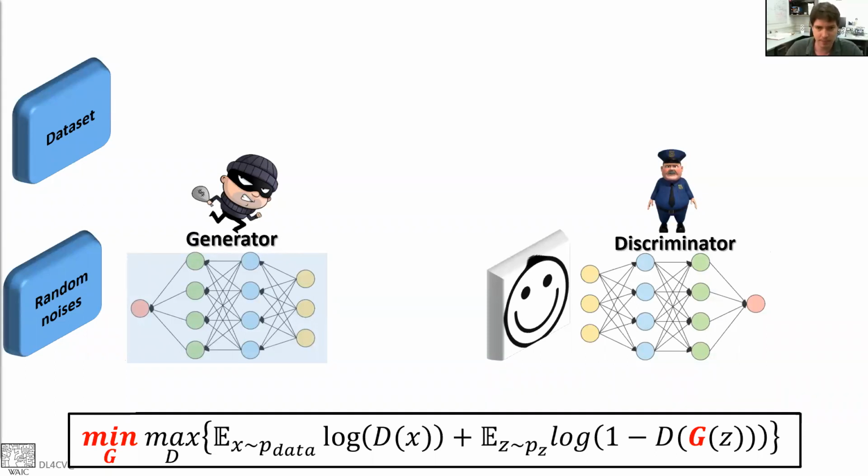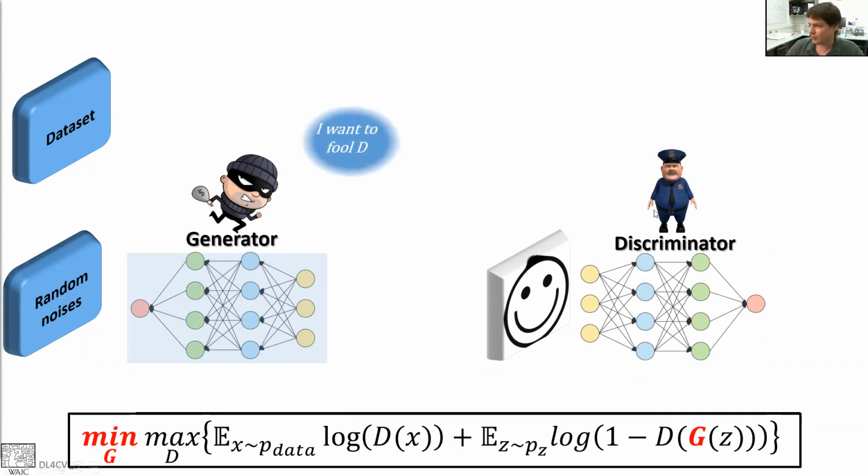Any ideas? Anyone? What label should I use now to train G? Good if the cop doesn't know that it's fake, and bad if the cop can see that it's fake. Yeah, but I'm training now. A real example, yeah.